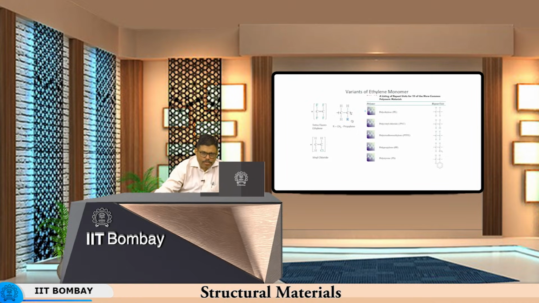Now, if you put R as CH3 here, instead of H as in polyethylene, and you polymerize it, it will become polypropylene. Similarly, if you substitute all four hydrogen atoms with fluorine, you will have tetrafluoroethylene. There are a variety of compounds possible by either substitution or by attaching different functional groups over here, such as CH3 and so on.